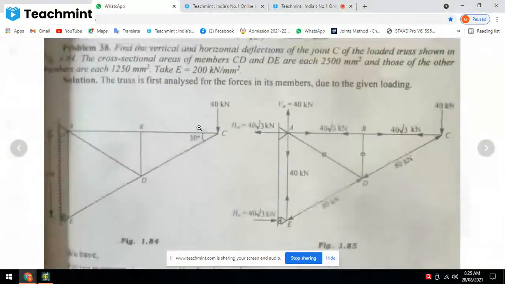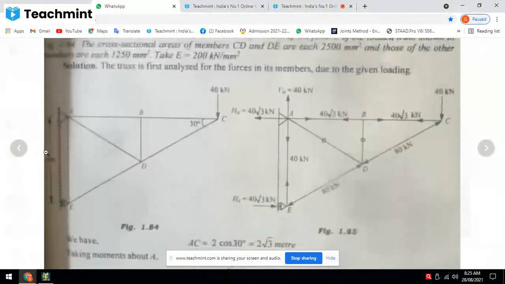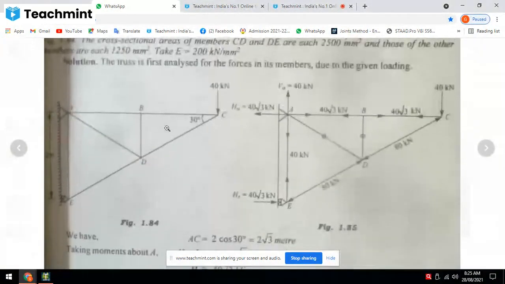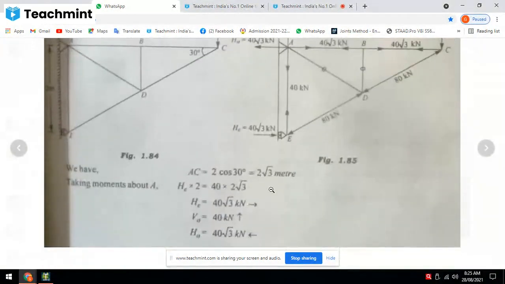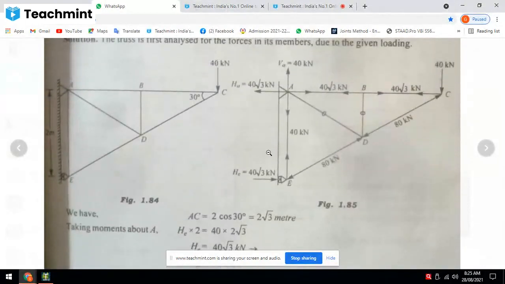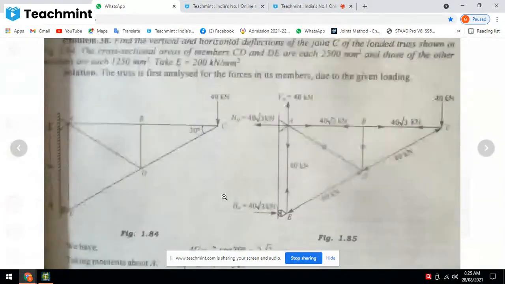Are the dimensions given? Vertical is 2 meter and AC is 2 into root 3. How much is it? 2 into root 3, yes, 3.46.